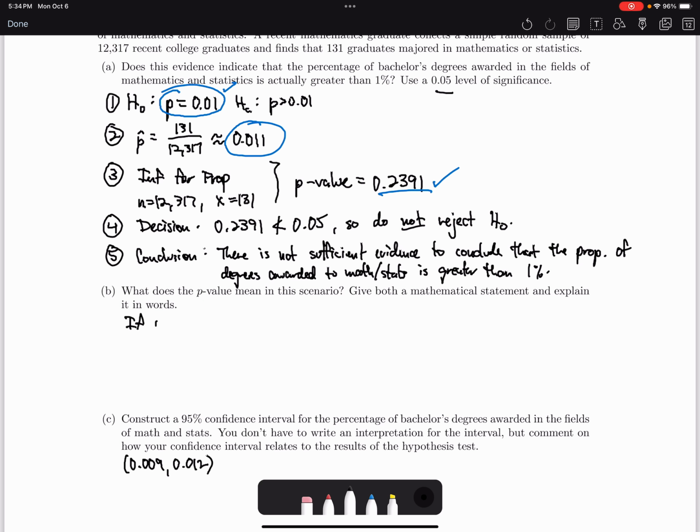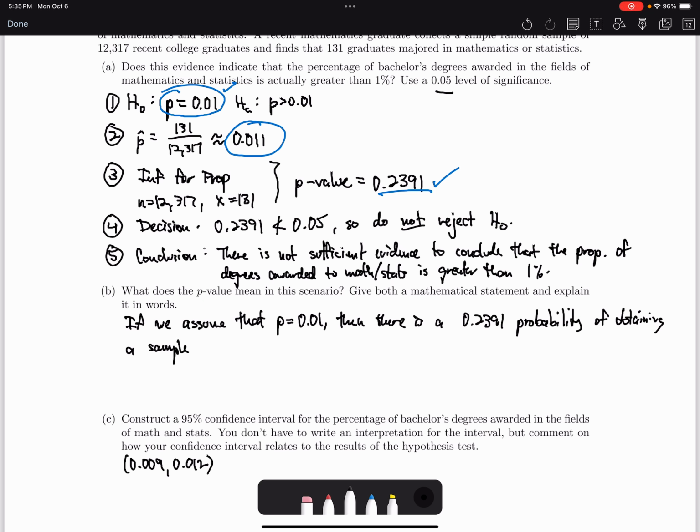If we assume that p equals 0.01, then there is a 0.2391 probability of obtaining a sample proportion of p hat equals 0.011 or more.